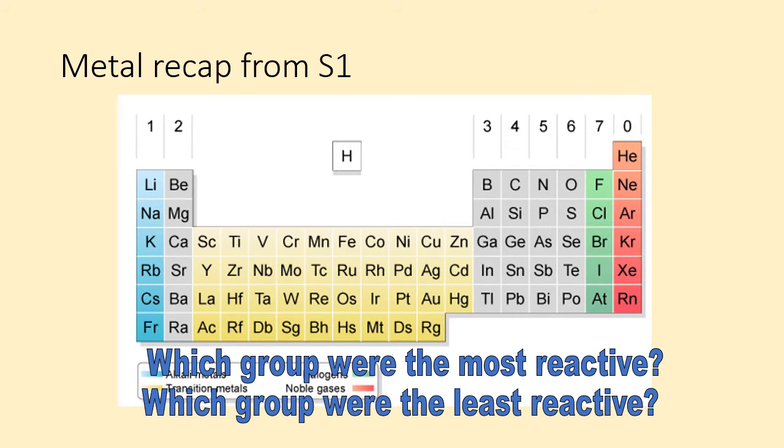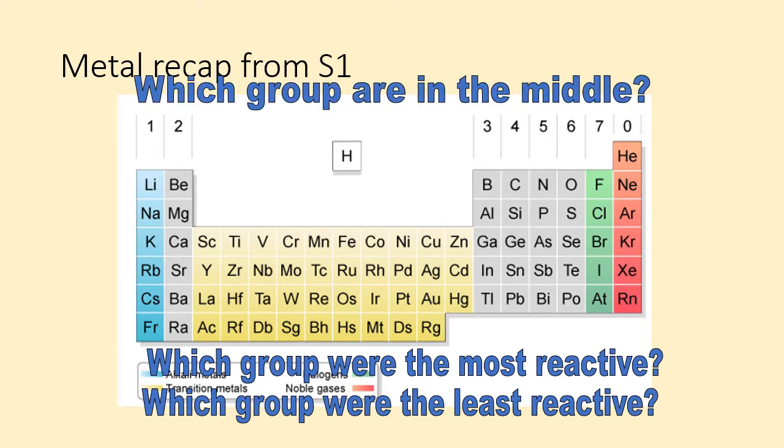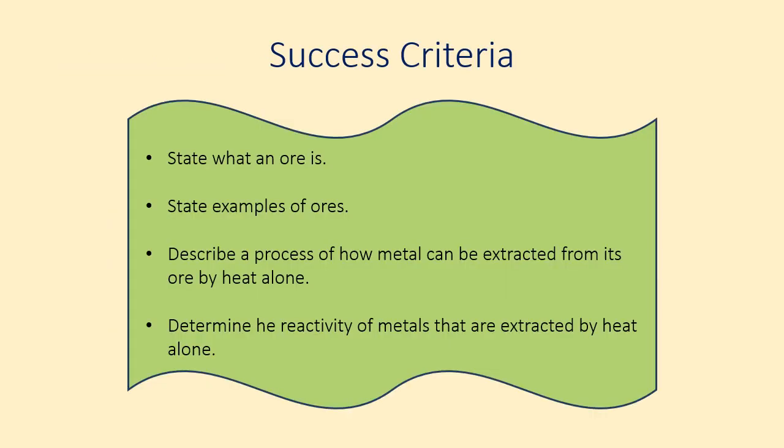The non-metals that are very reactive were group 7, the ones shown in green there, they're the halogens. And the group that was the least reactive is the red group called the noble gases. The group in the middle, the ones shown in yellow, those are our transition metals. And gold and silver and platinum are all found in that group.